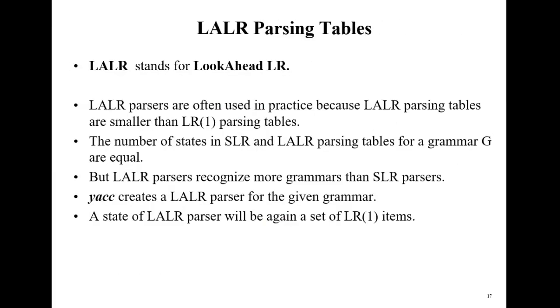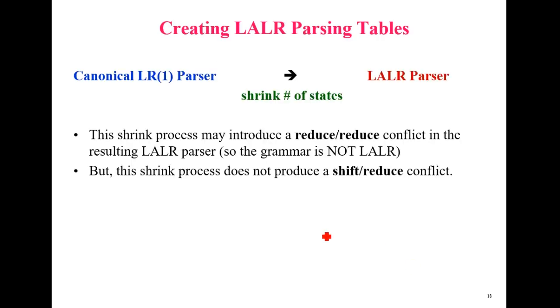This is the LALR parser. LALR stands for look ahead LR. It's the next version of the CLR1 parsing table and we can also say it's a compressed form of the CLR1 parser. The input for this LALR parsing table is the CLR1 parsing table. The process we are doing here is shrinking the number of states.